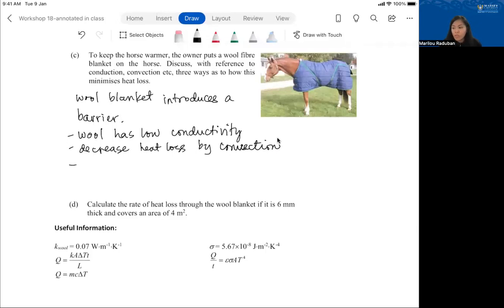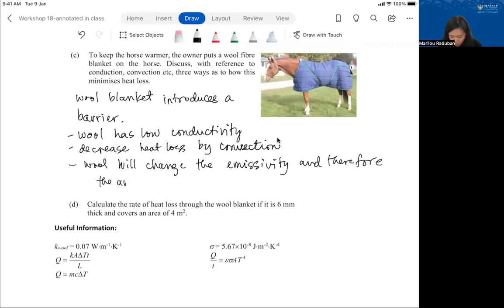The wool blanket will also affect heat loss by radiation. The wool blanket will have a lower emissivity compared to the skin. So the wool blanket will change the emissivity, and therefore the amount of heat lost by radiation.